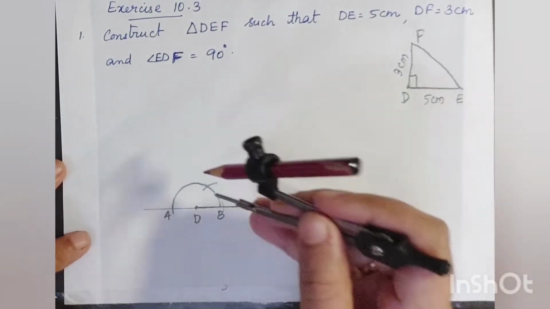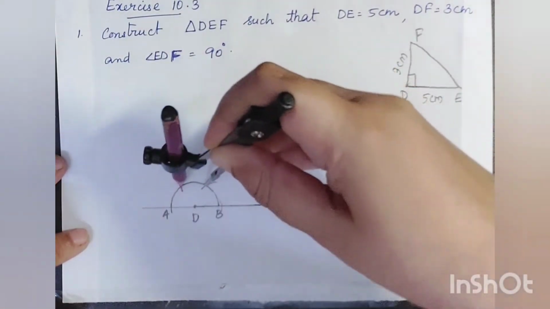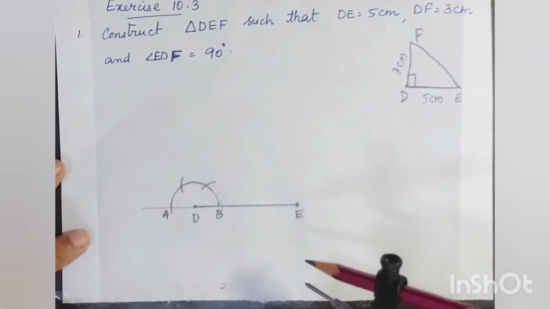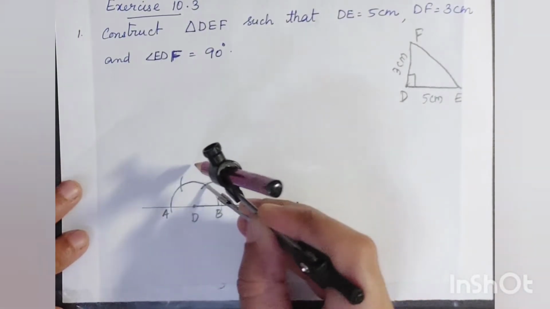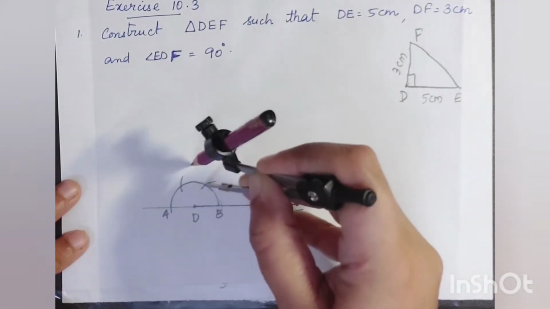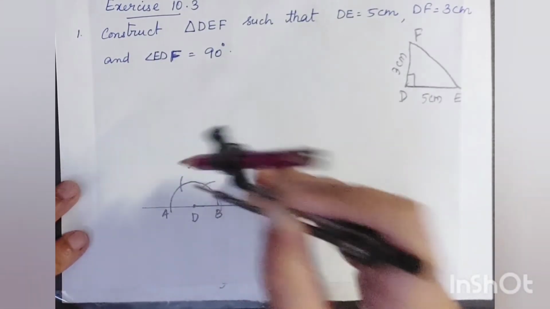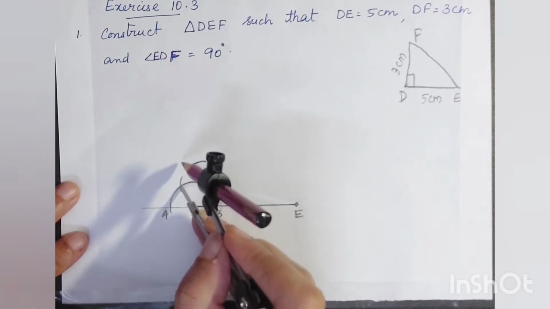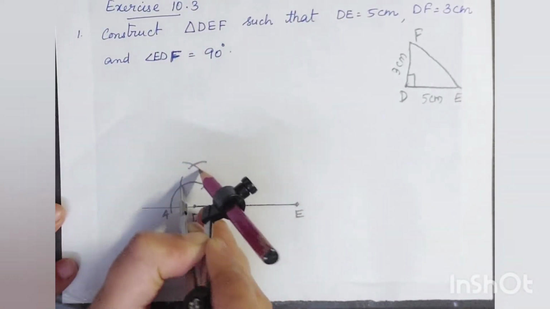Okay, now with this as a center point and with the same measurement, draw another arc. Now with this as a center point and with the same measurement, draw an arc outside the semicircle. Similarly, with this as a center point, draw another arc outside the semicircle.